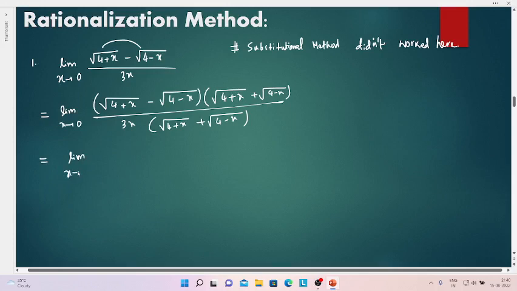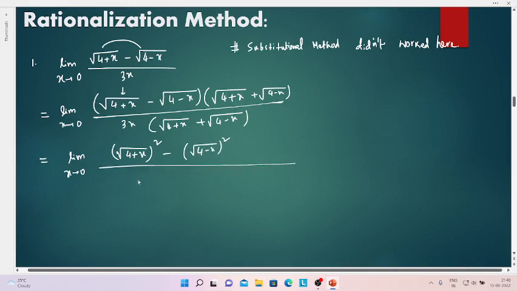So limit x tending to 0, you can see the form a minus b times a plus b. So it will be root under 4 plus x whole square minus root under 4 minus x whole square, and the denominator will become 3 times x times root under 4 plus x plus root under 4 minus x.